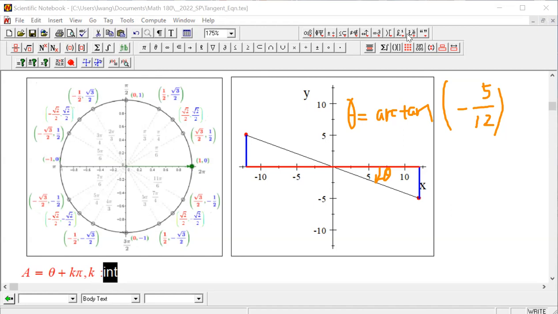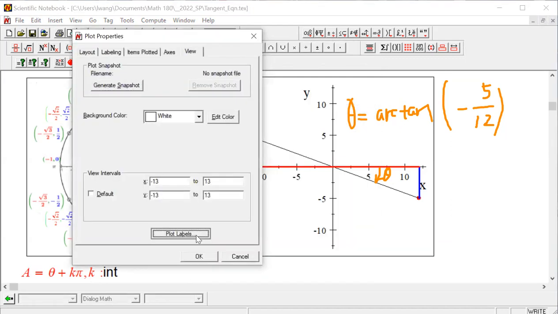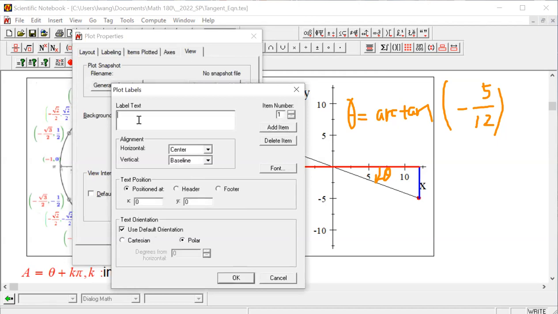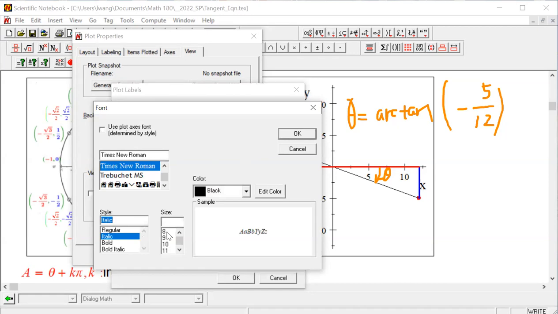Before I do that, I think I can do one more thing, just make it nicer. I want to mark this angle theta. It's not ideal, because I cannot write the Greek letter in here, so I just have to use a similar one.